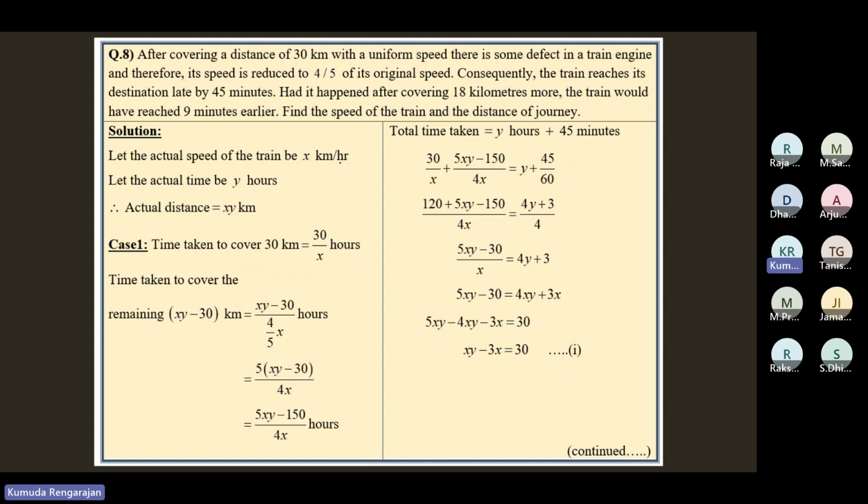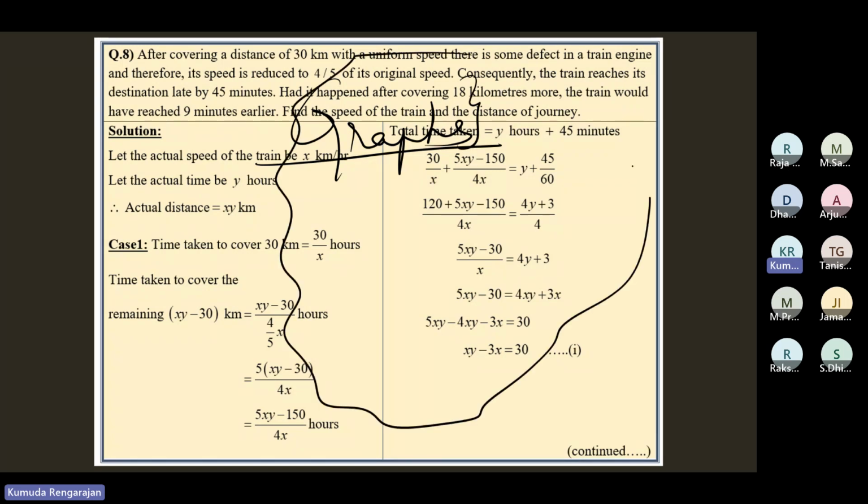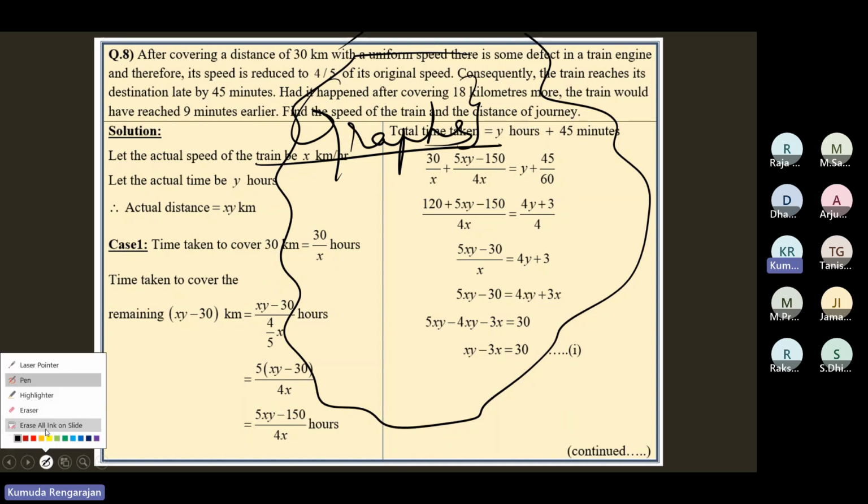When you come across this page, you must wait and revise it. So make it colorful, or write the heading graphs with a bigger font, or use a different color, or probably you can just put a cloud around what you've written. So when you come across this page, when you revise, you must stop there.